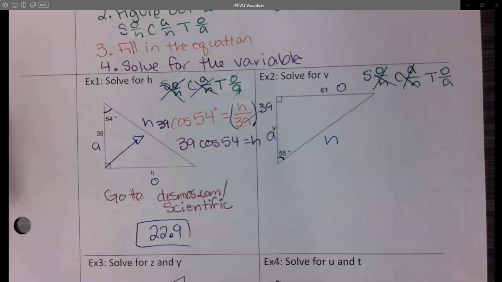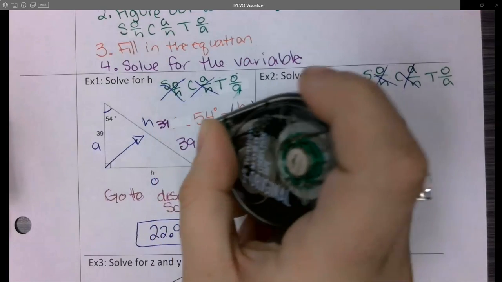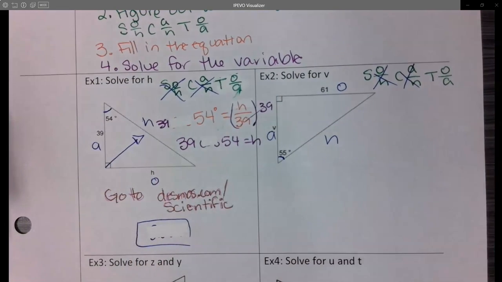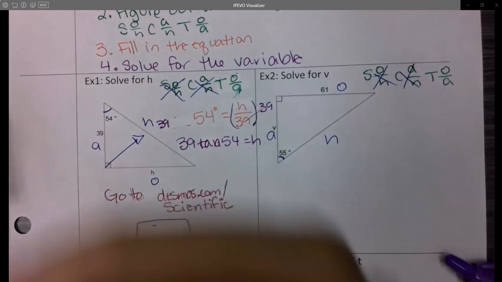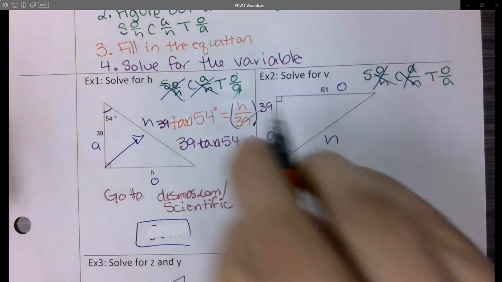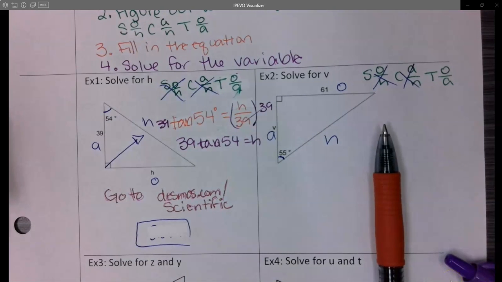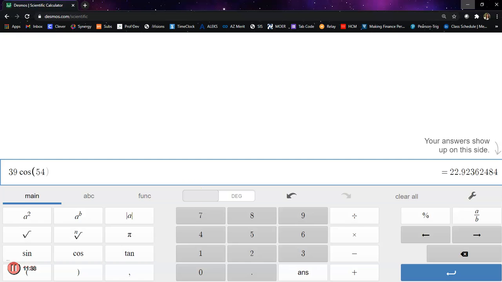Number 1 was tangent, so that means I did this wrong. If I click the tangent button, I can type the 54, and it should have been 53.7.